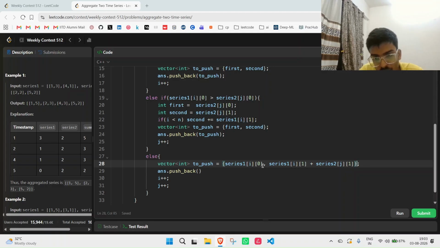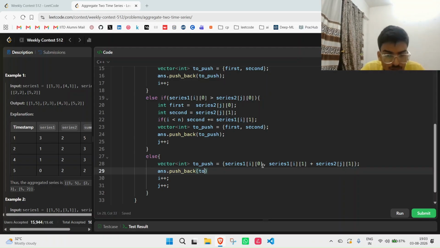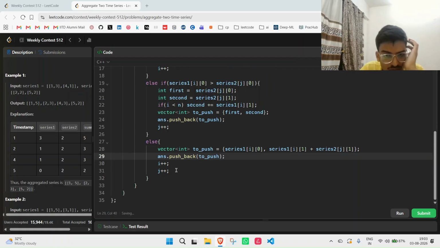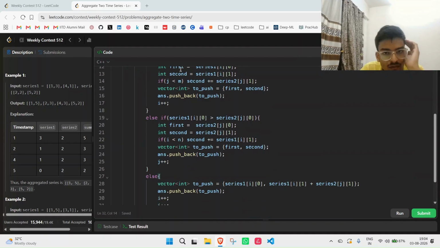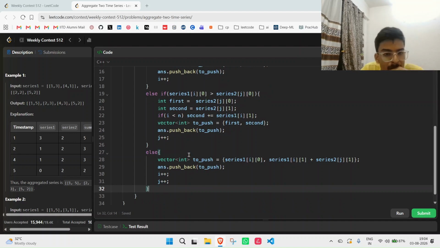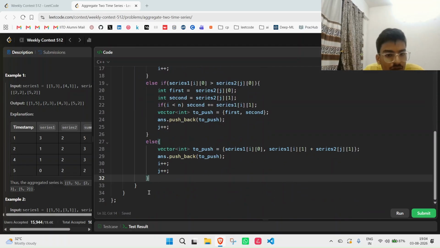Series 1 of i of 1 plus series 2 of j of 1. Then j plus equals 1. If it is not in the bound, then it is automatically ignored. We don't have to find another parameter.